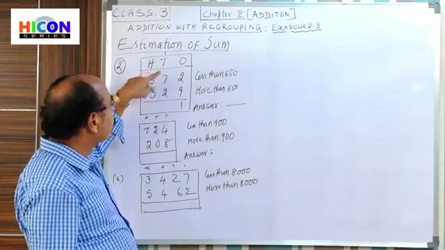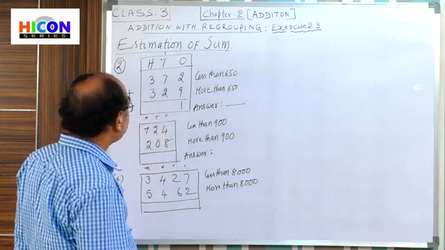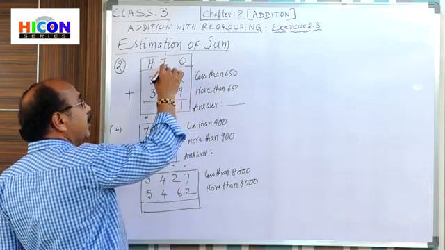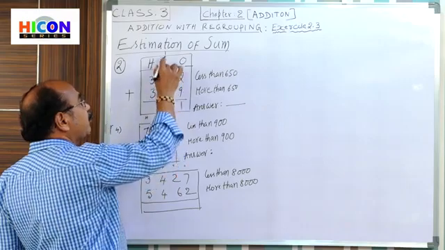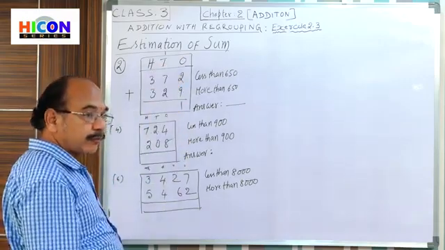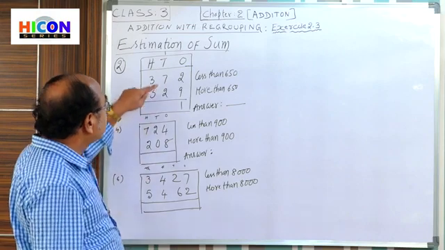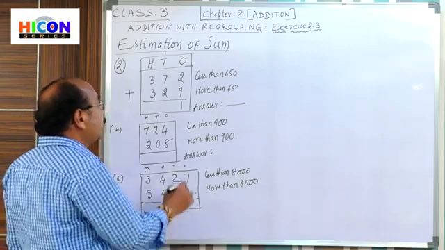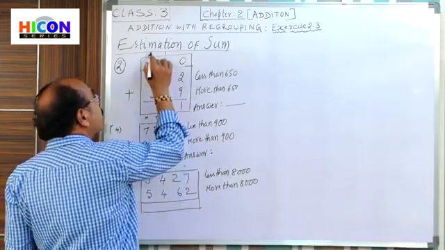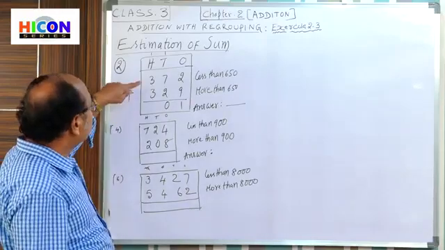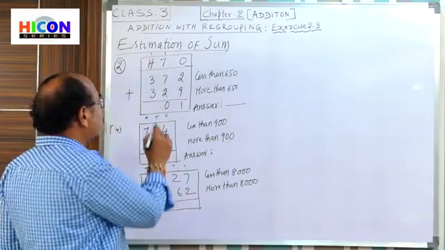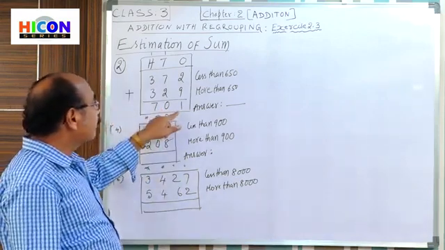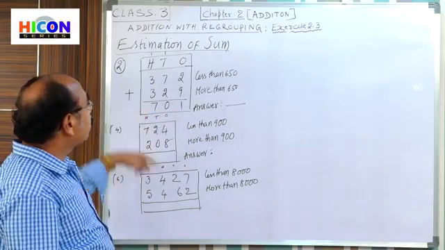Now add the tens digits. 7 plus 2, 9. 9 plus 1, 10. 10 means here 0 we write here and 1 is carried to the hundreds. Now add 3 plus 3, 6, plus 1, 7. So 701 is the sum of the two numbers.